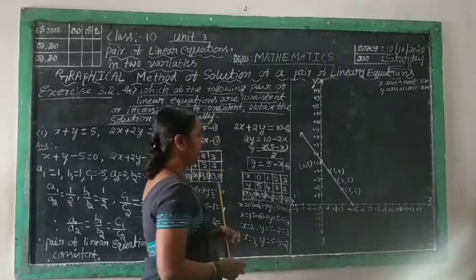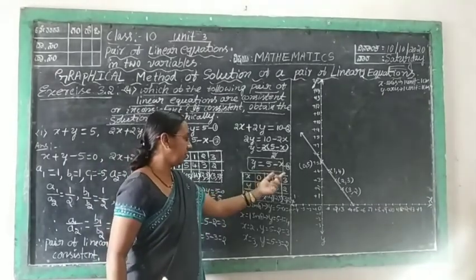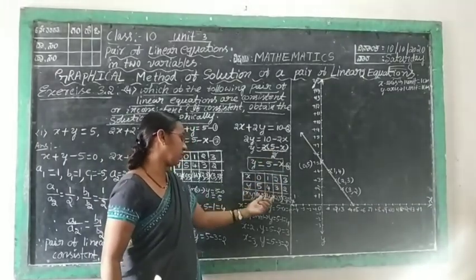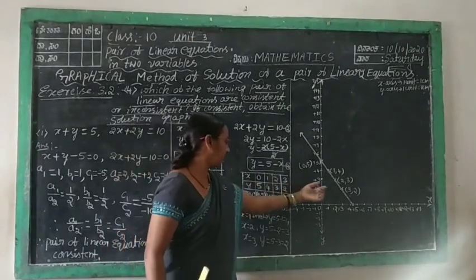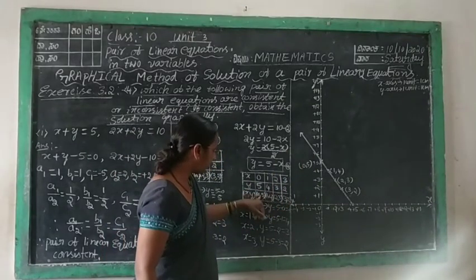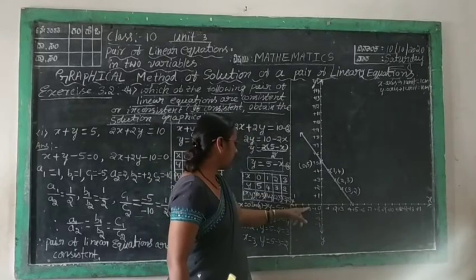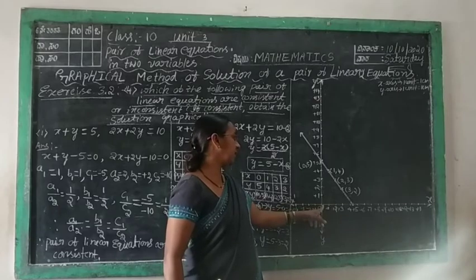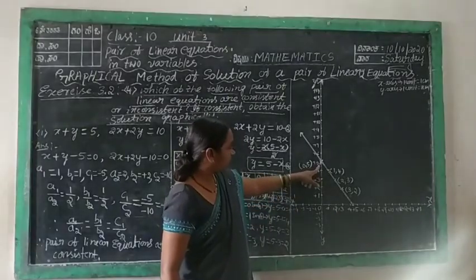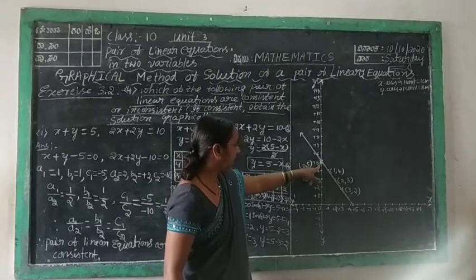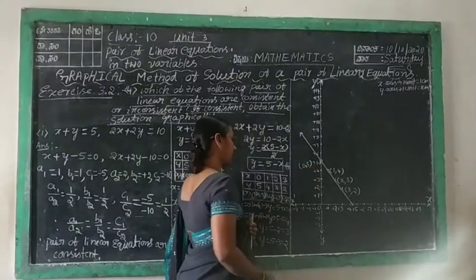Then again we will take equation 2 and find values for the coordinates represented in this graph. The first point is (0, 5): 0 is here and 5 is on the y-axis, the same point as in equation 1.